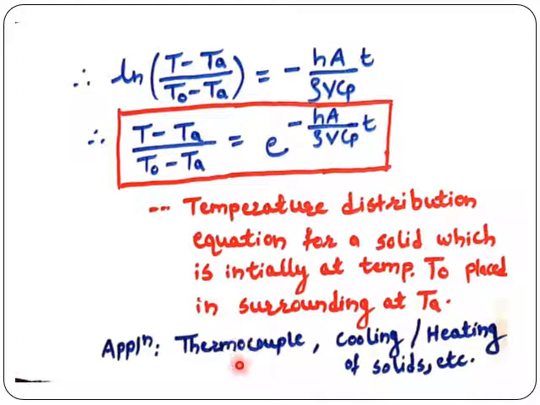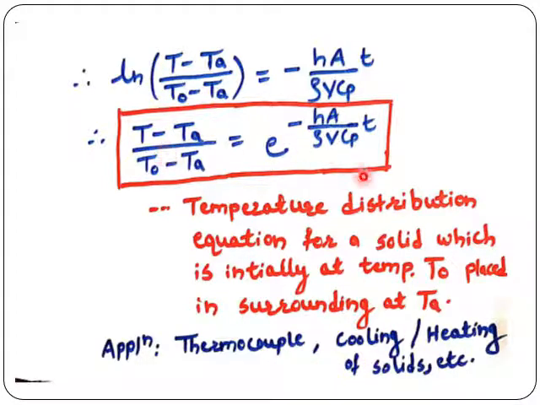So this equation can be used in designing a thermocouple, because the area and volume depend on the bulb of the thermocouple. I can design it so that I get an immediate response. Generally thermocouples are very thin, because the area to volume ratio should be maximum so that the time is minimum.